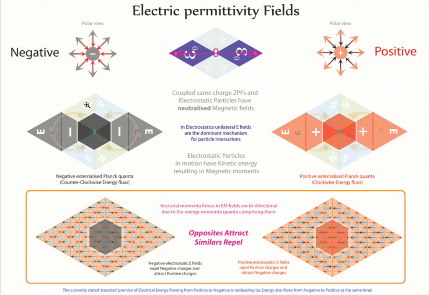We can draw this more correctly than it's currently drawn by simply showing a point particle with negative divergent fields and positive convergent fields for a negative electrostatic field. Or for a positive electrostatic field, we draw it with positive divergent fields of force and negative convergent.